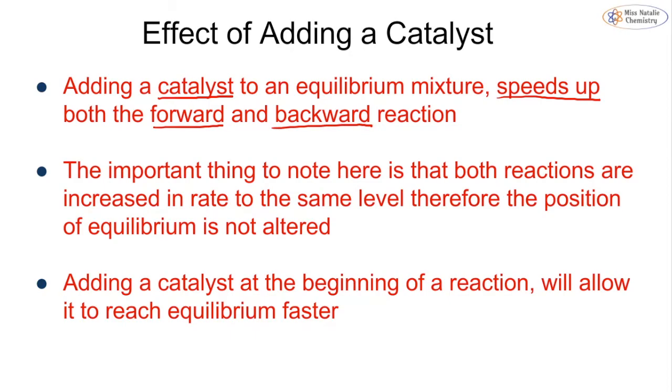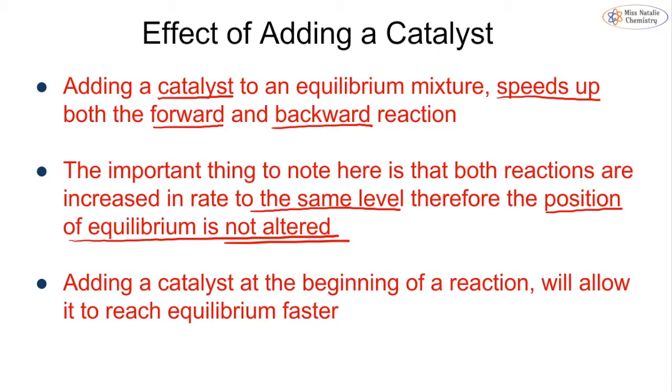What is important to note here that is different from temperature, however, is that the rates are going to be increased to the same level. So whilst temperature is going to favour either the exothermic or the endothermic reaction, catalysts will increase both of them. Therefore, the position of equilibrium is not changed. So catalysts will not affect the position of equilibrium.